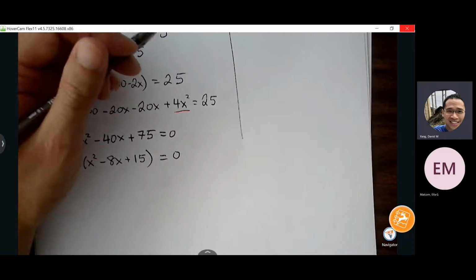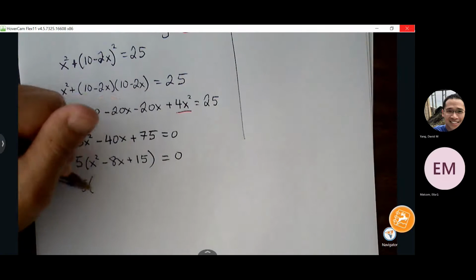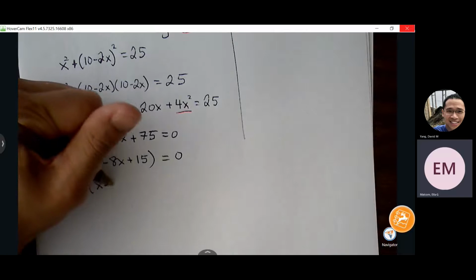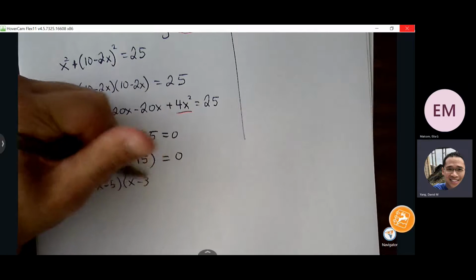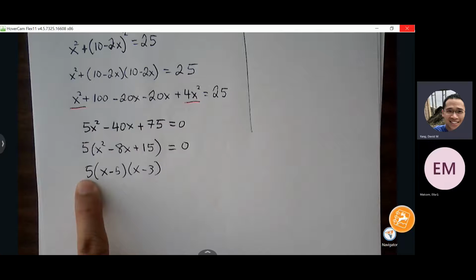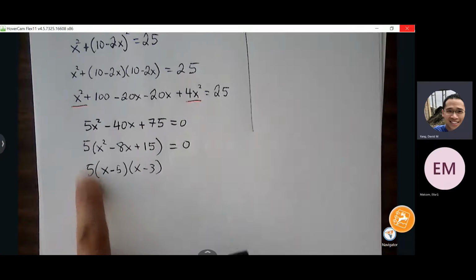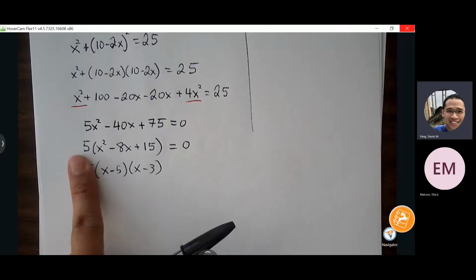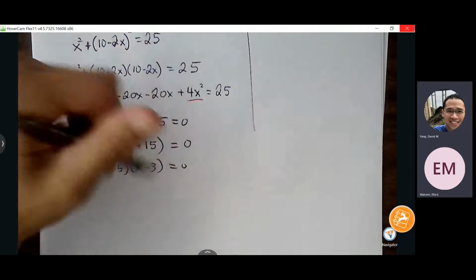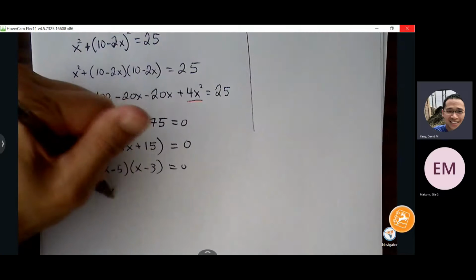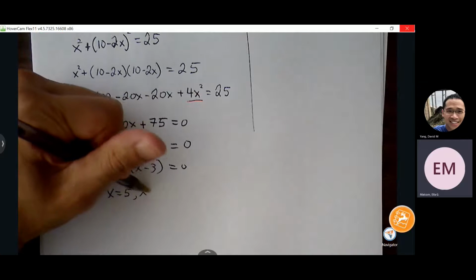Yeah, that's right. And do we not worry about that 5 that we took out? That's right. If we set that equal to 0, it's not going to give us anything, so we just ignore it. There's no variable there. So x equals 5 and x equals 3.